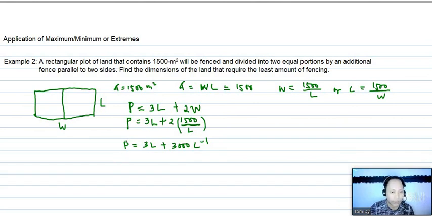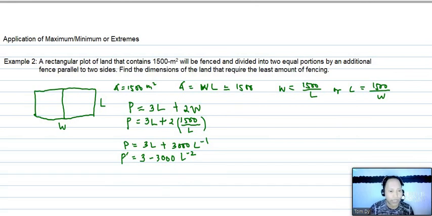So derivative of P with respect to L, so that is P prime, which is equivalent to, with respect to L, that is 3. Derivative of 3L with respect to L, that is 3. And then this one, the derivative, that is negative 3,000 L negative 2 as our exponent.